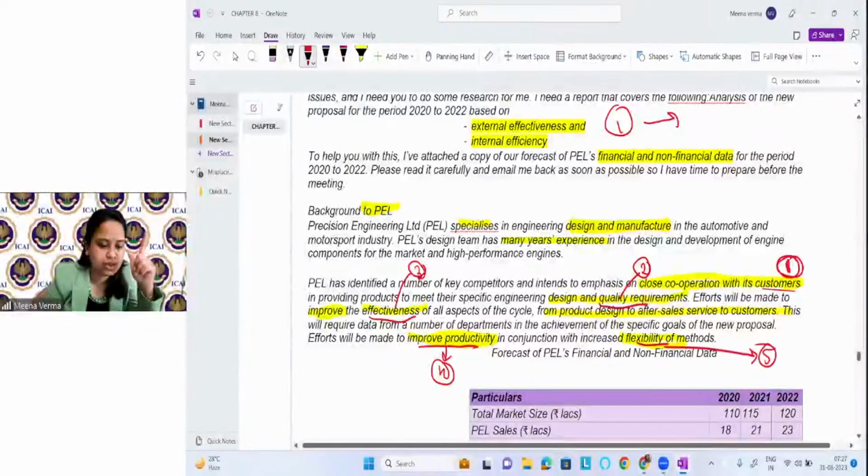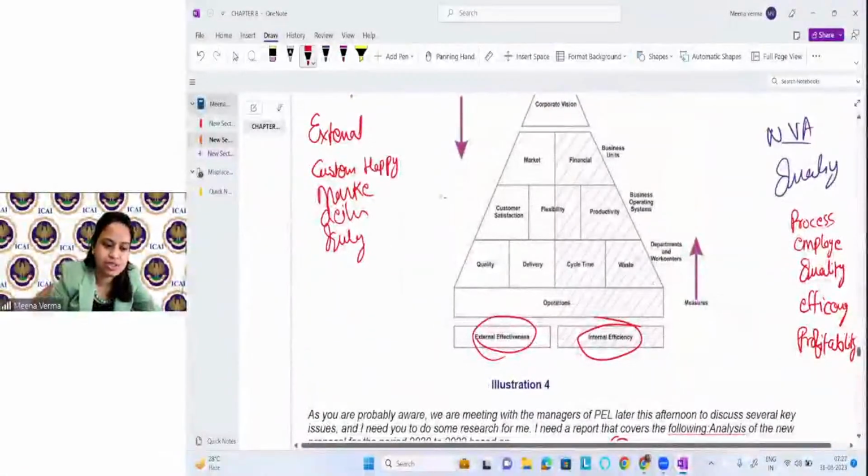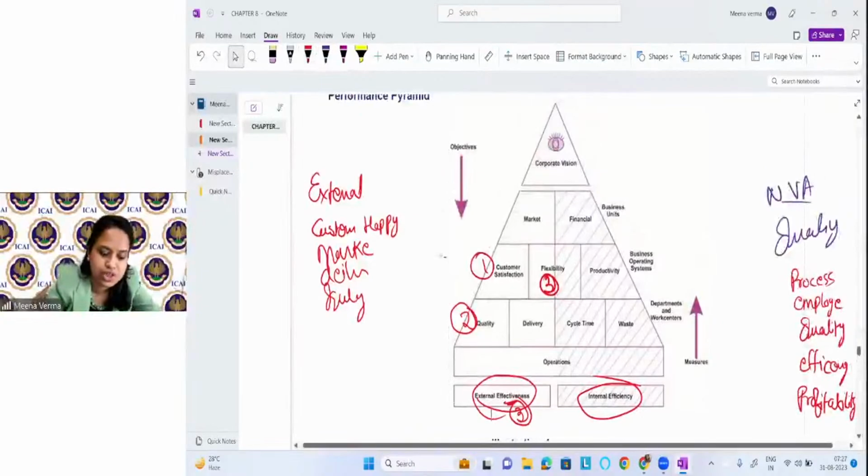These are all hints of this model. All these points are given here in the model. You can see customer satisfaction, quality, effectiveness, and flexibility. So all these points are mentioned here, if you look.